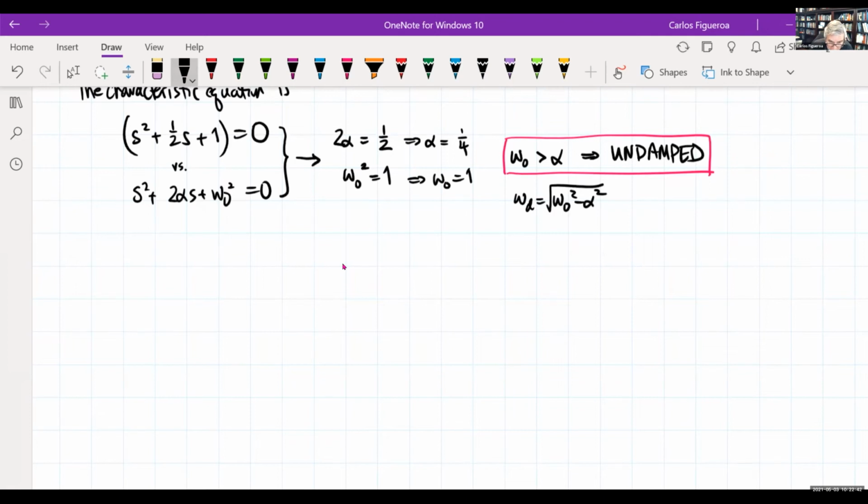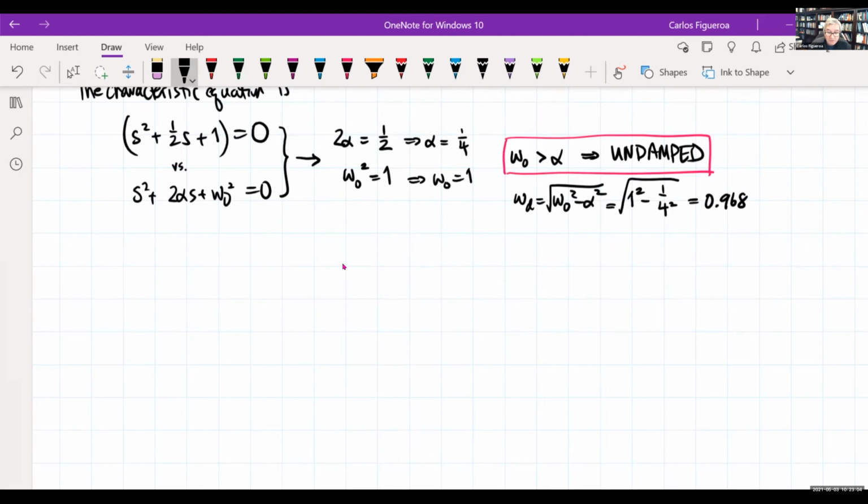If I compute this, it's going to be equal to the square root of 1 minus 1/4 squared, and if you put that into a calculator, I end up getting this guy right here. So now I know what omega d is.